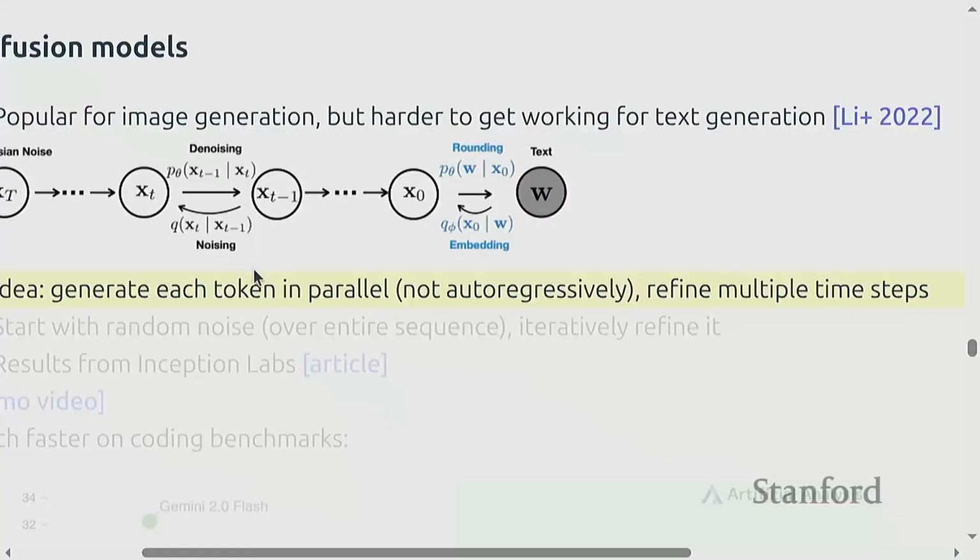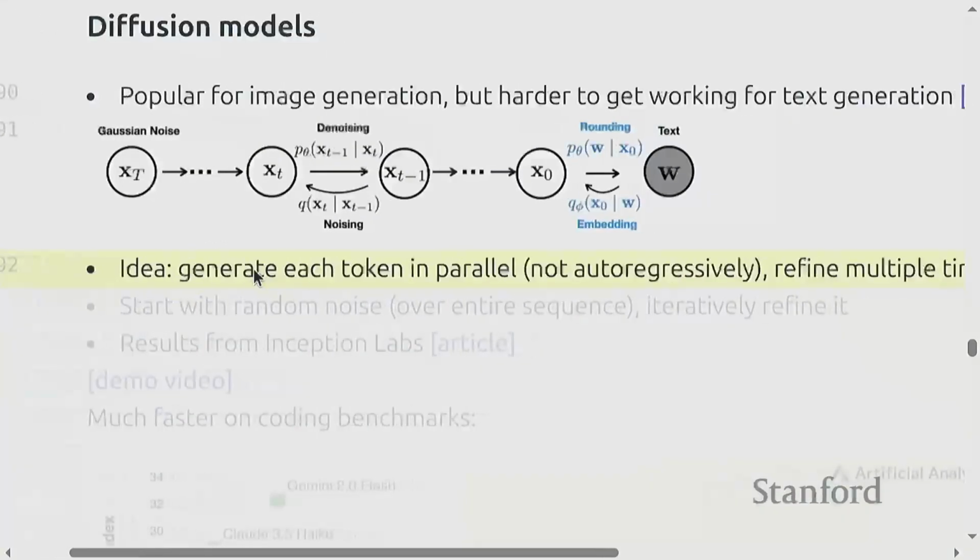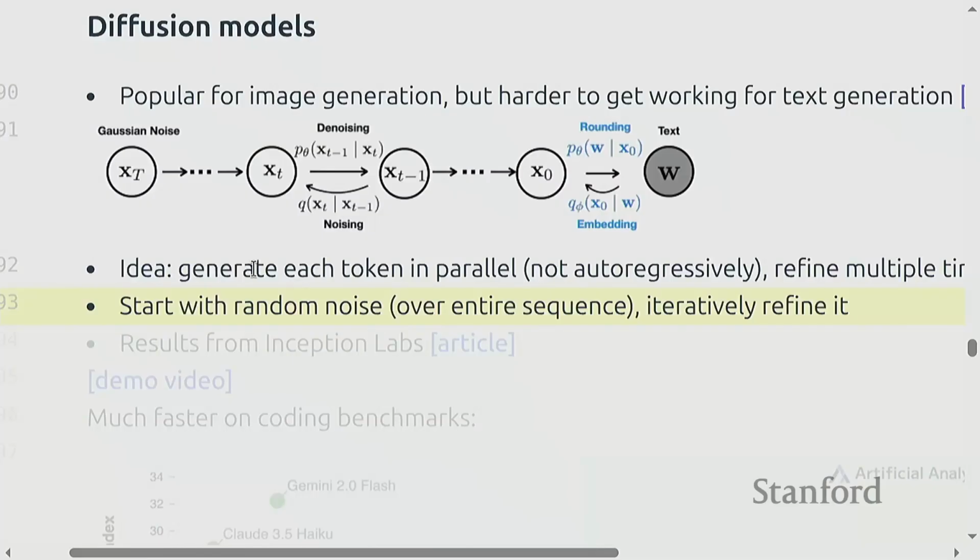your final generation that you output. The idea behind generating in parallel is that you're no longer autoregressively bound, and generating all tokens can be done in parallel. So you get to saturate your GPUs relatively easily as long as your context length is large enough.